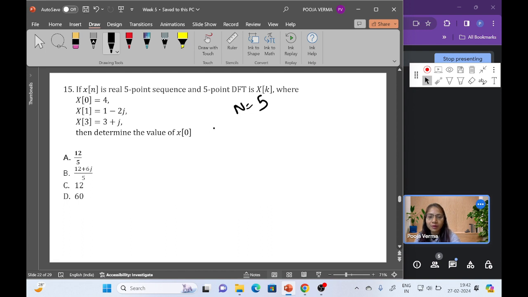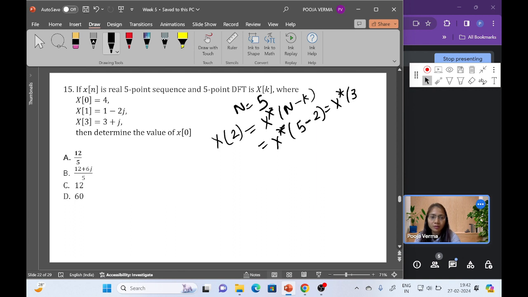So first we need to find X of 2. X conjugate of N minus k, as we know for the 5-point DFT, so 5 minus 2 is 3, X of 2 is equal to X conjugate of 3. What is the value of X of 3? 3 plus j.